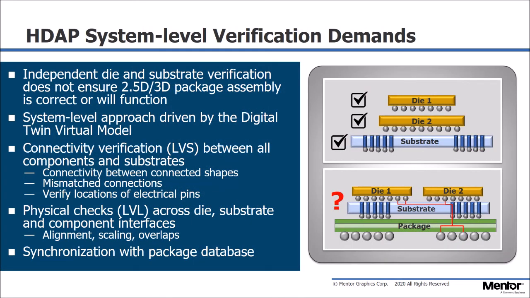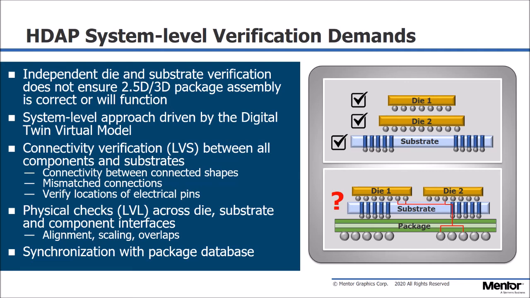One thing HDAP demands is extensive verification at multiple levels, not limited to verification of just individual die and substrates, but the complete assembly of the package. Such verification includes LVS, or commonly known as layout versus schematic, where system-level connectivity of the completed substrate assembly is checked back against the virtual model which provided the original golden reference netlist.